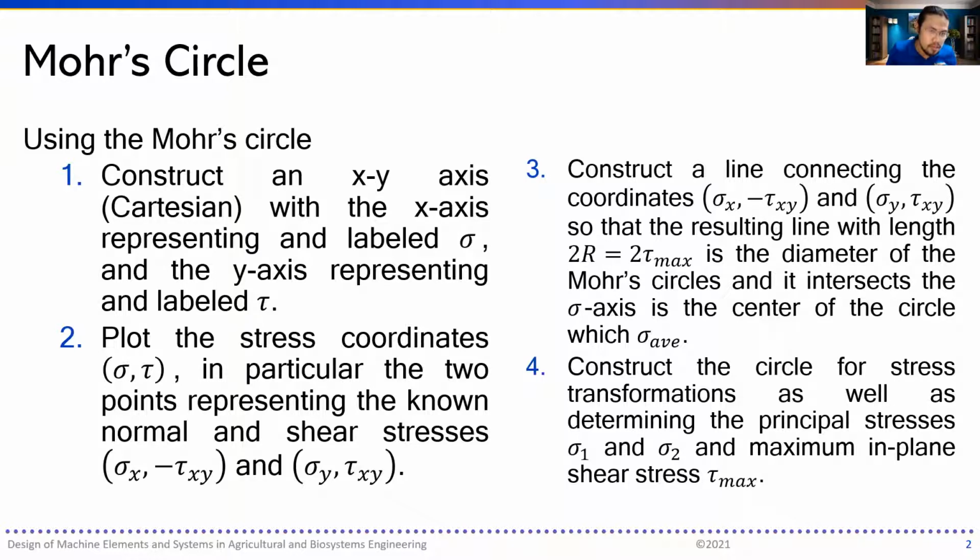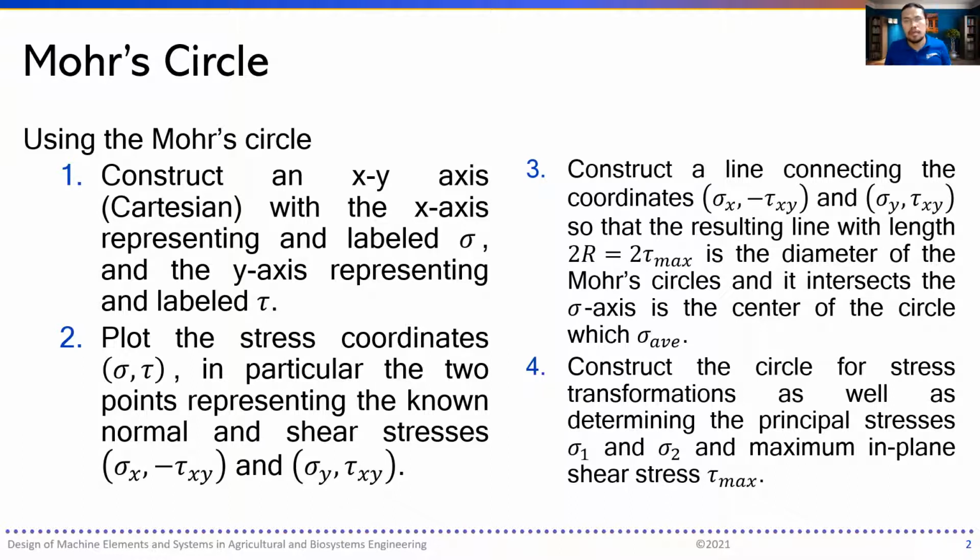To get the coordinates, the stresses are combined together. So you have the normal stress paired with the shear stress, and for the sigma x, or the normal stress along the x-axis, the negative value of the shear stress is paired, and the normal stress along the y-axis is paired with the positive value of the shear stress.